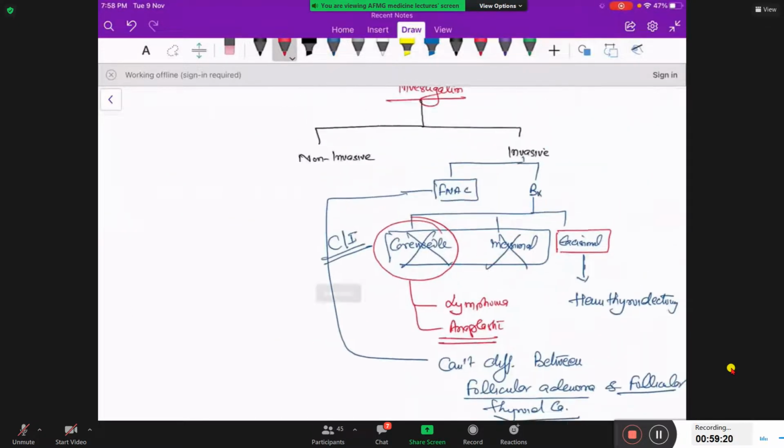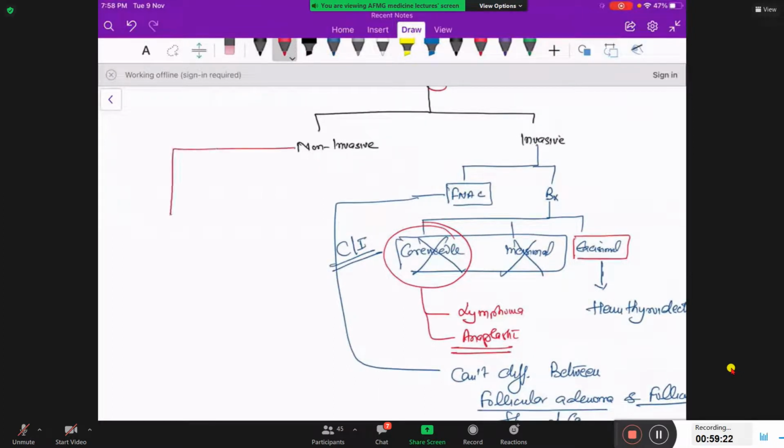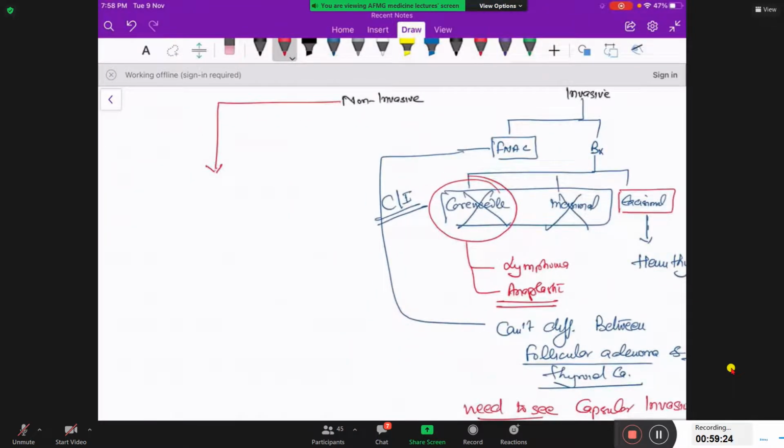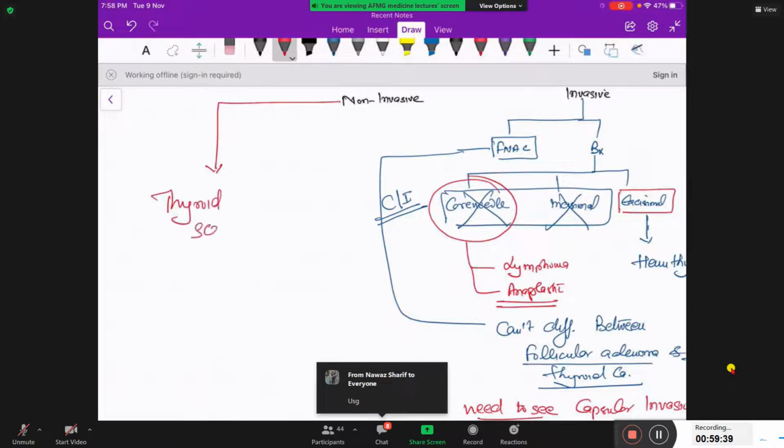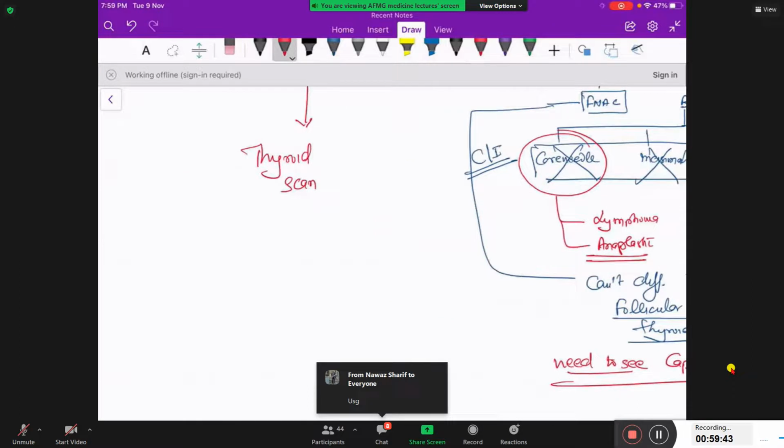Now, the non-invasive. Can you tell me any non-invasive investigation you know in thyroid? Very good. Radio iodine uptake scan, which is also called thyroid scan. First let's enumerate, then I'll tell you things about it.